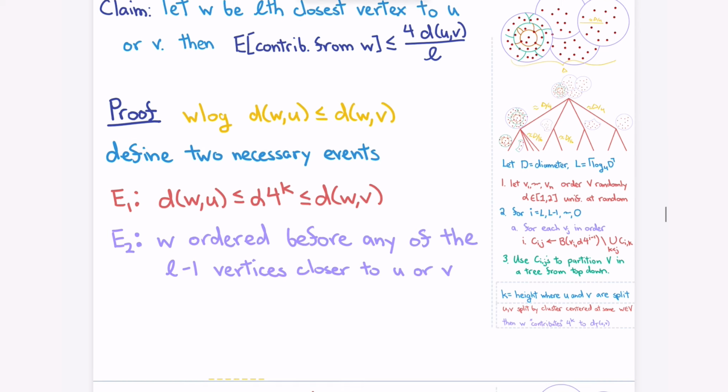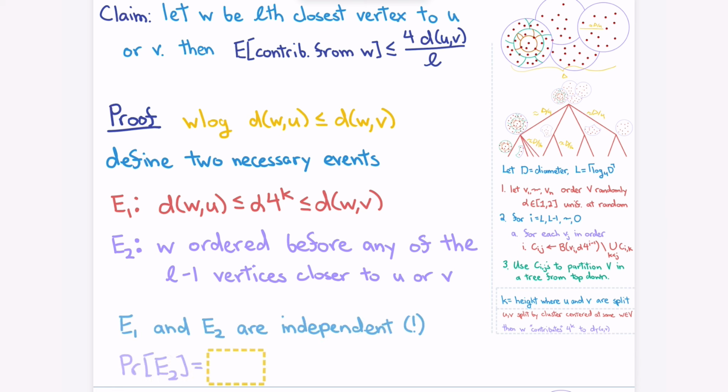Okay. And the key point is that these two events are actually independent, right? Because whether or not the radius comes in between them is just a function of alpha, and whether it comes first is just the ordering.